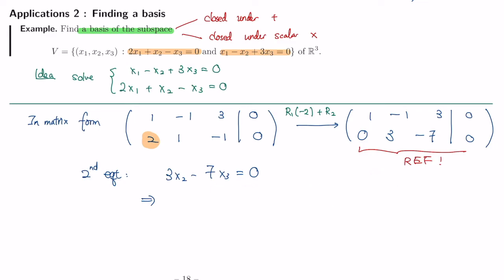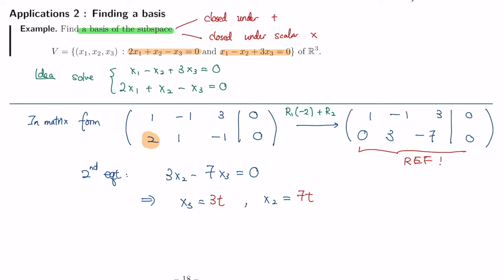But I hate denominators. So a more convenient way is to take x3 to be 3t. Right? Because then x2 becomes 7t. So if you do this, then you don't have any denominator. It's not wrong to have a denominator, but I'm just lazy. That's why I take this pair.